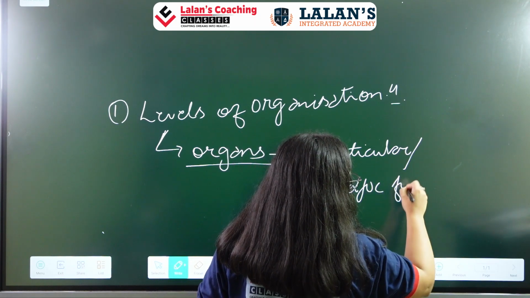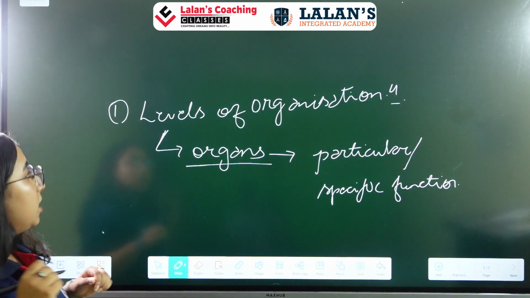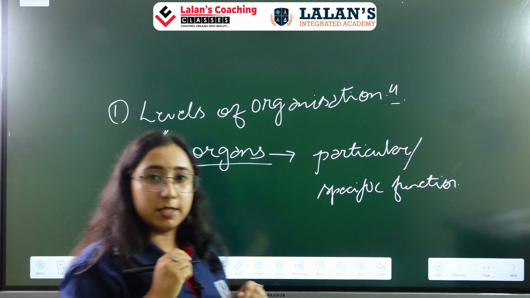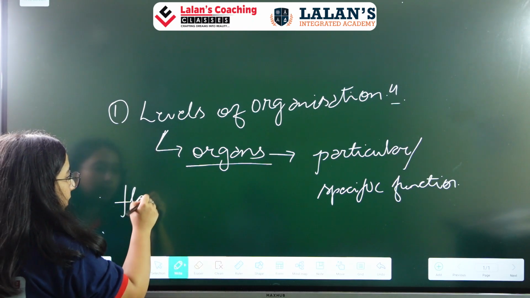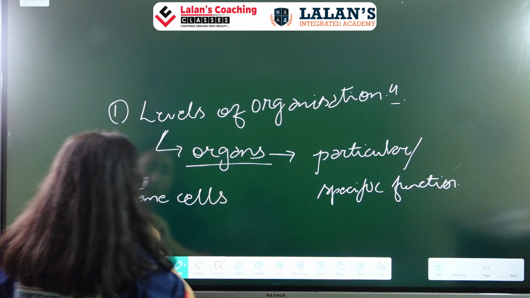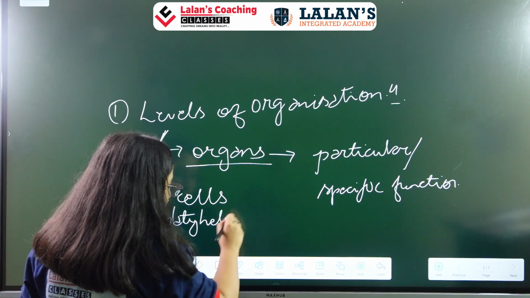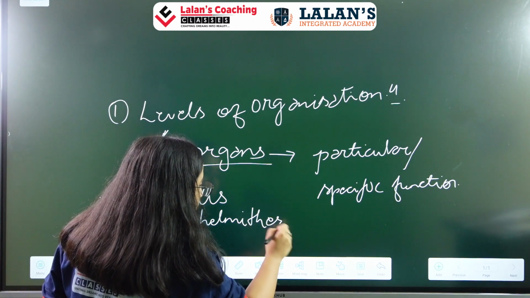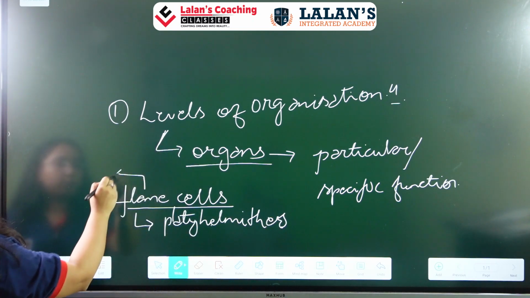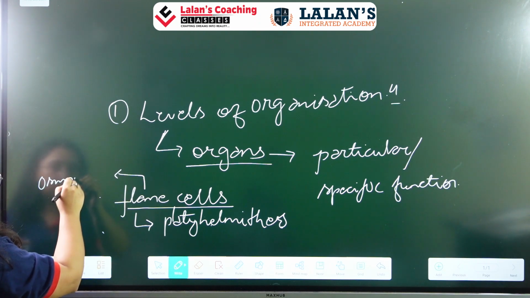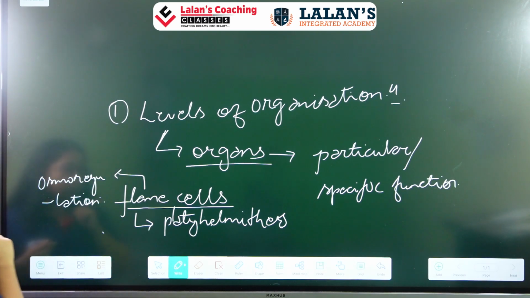An example of this is the flame cells present in platyhelminths, which perform the function of osmoregulation. Platyhelminths are a group of flatworms, and these have flame cells that perform the function of osmoregulation, that is the salt water balance in the body.